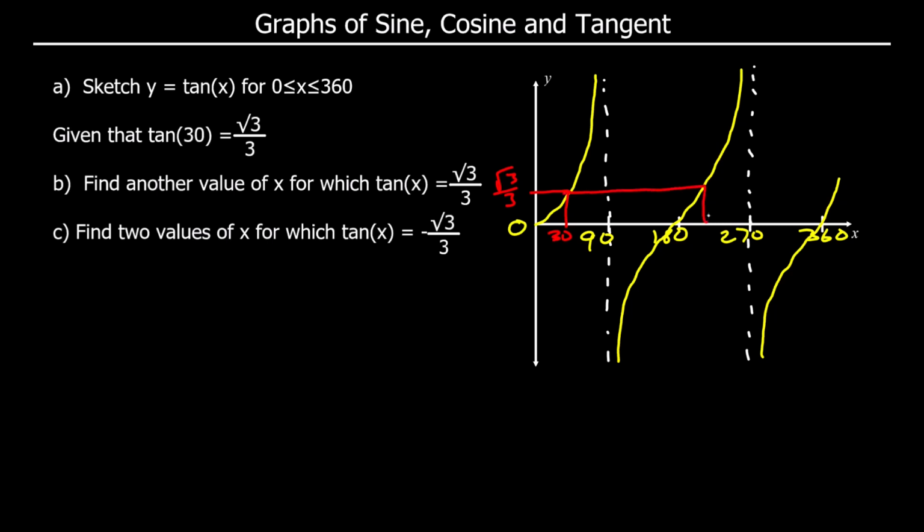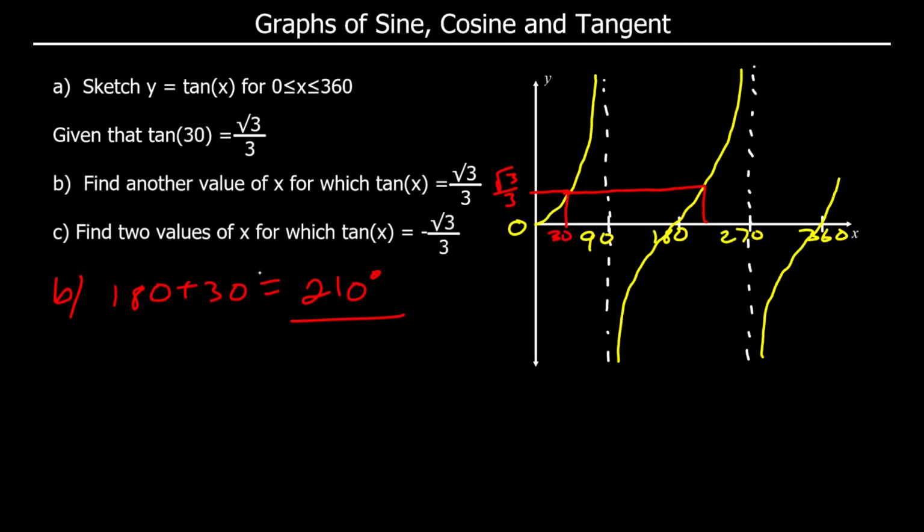So the tan graph just repeats every 180 degrees. So it's going to be 180 more than 30, which would be 210. So we can keep adding on or taking away 180 to find another answer that's the same.